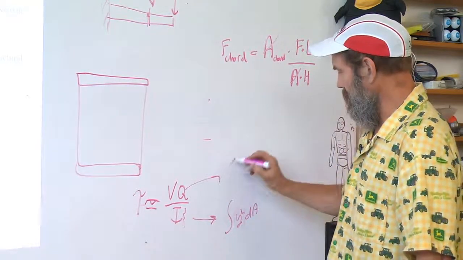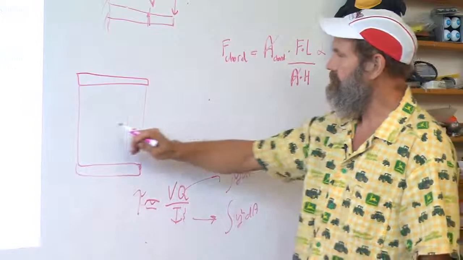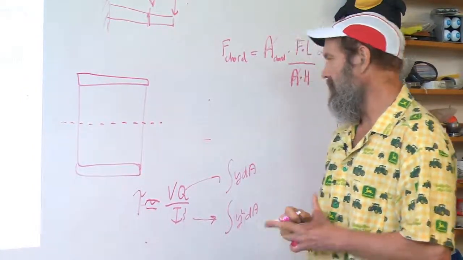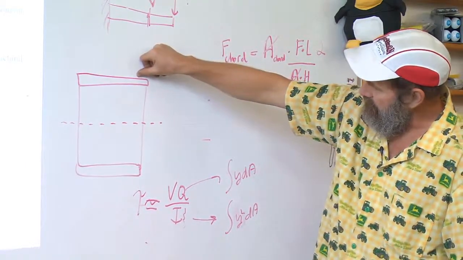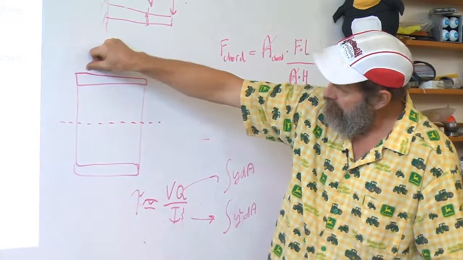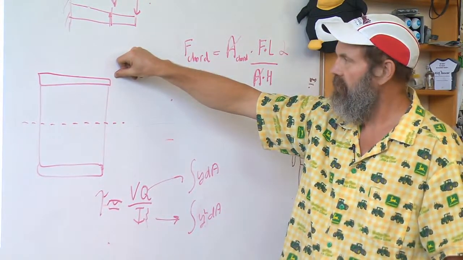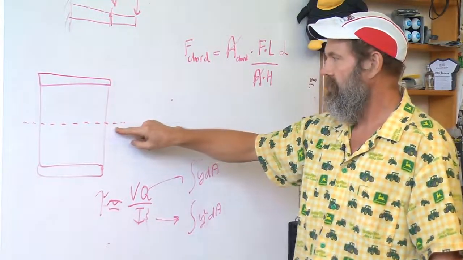And Q is the first moment of the area, or y dA. So it turns out in a beam, at the top surface, the shear is near 0. It has to be, it's a free surface. And the shear is maximum at the center.